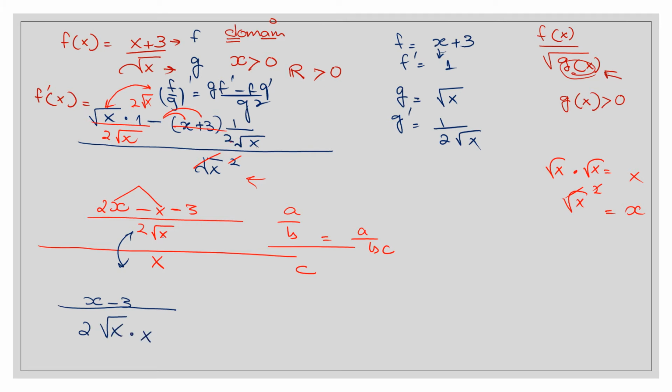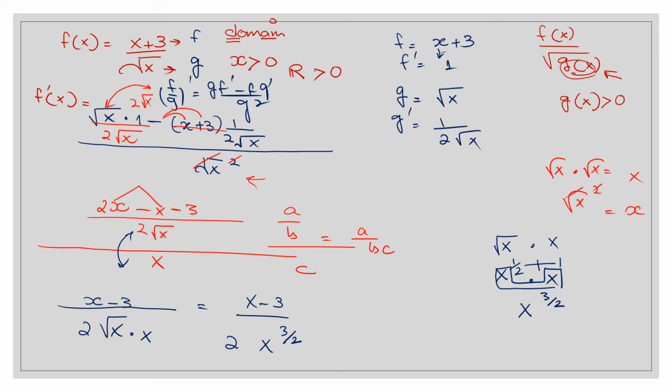Now look here: square root x means x has a power of half and it is multiplying with x. When the two bases are alike, we just add the powers. So half plus 1 gives us 3 by 2. So we get x minus 3 over 2 x to the power 3 over 2.